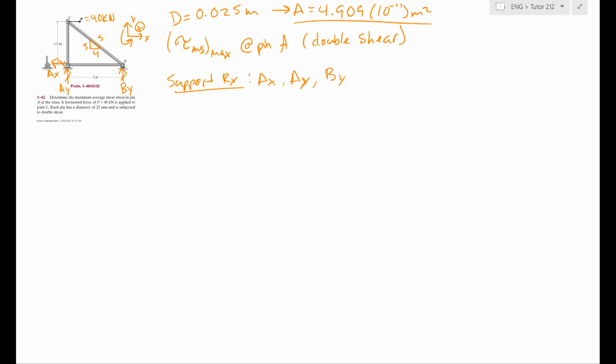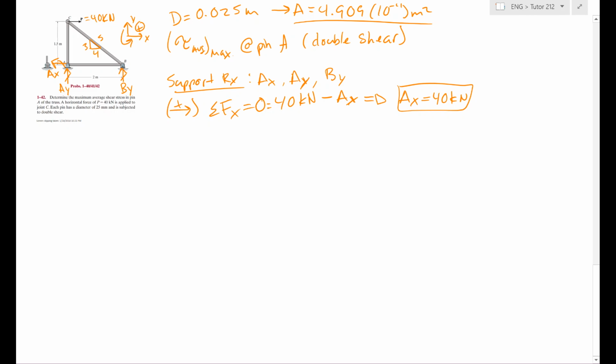We can go ahead and just solve for the horizontal support reaction at A. I will write it out, but hopefully you can see what it's going to be. So we got the 40 kilonewtons in the positive direction, and I looked ahead and could tell that the horizontal reaction at A was going to be going the opposite direction. But yeah, it's also equal to 40 kilonewtons.